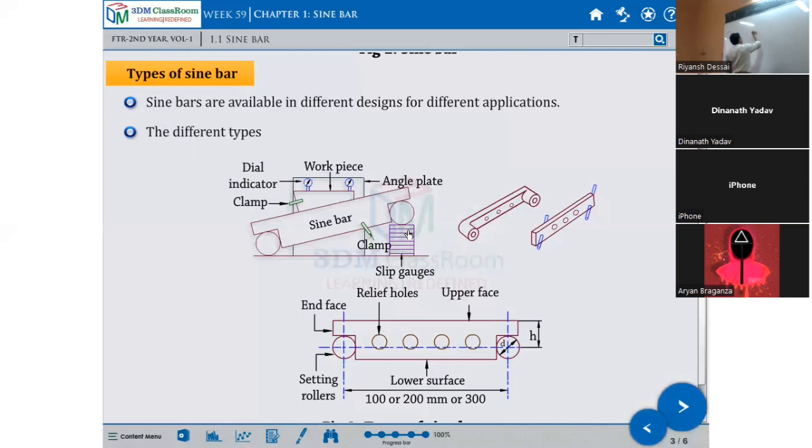From this center distance, this is the height, and this is the length of the side.